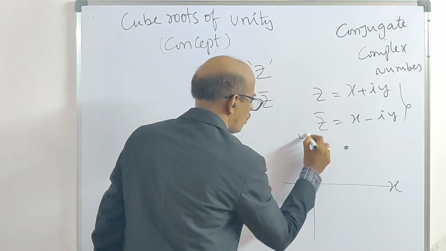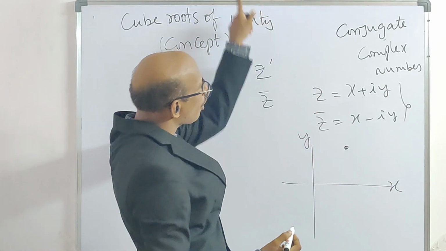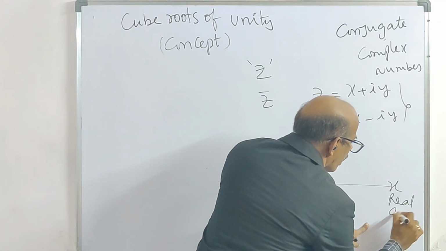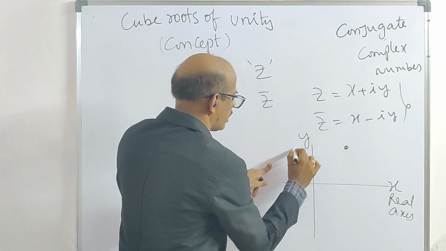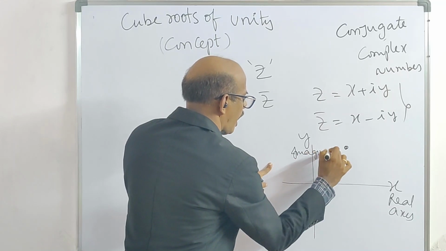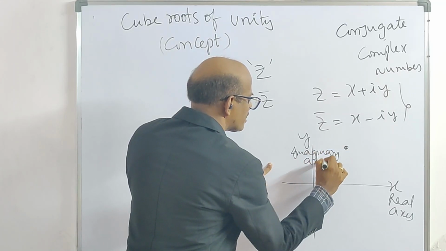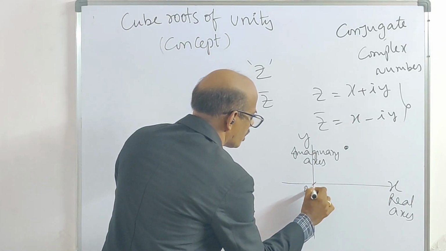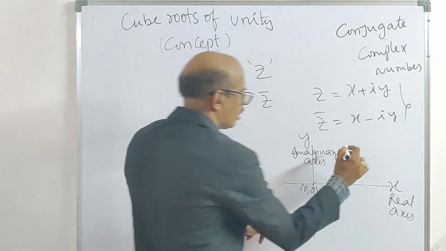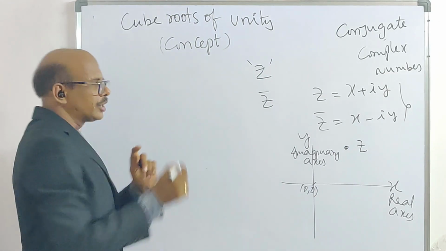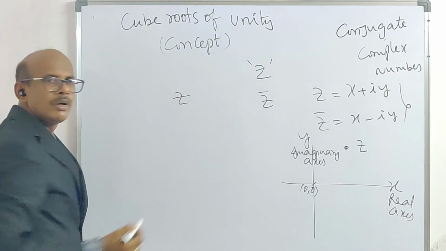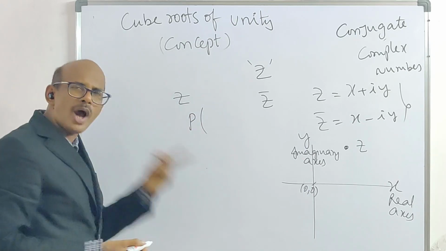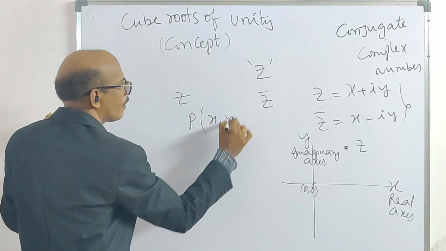Here x, y, but in our complex number system, the x-axis is called the real axis, concentrate. The y-axis is the imaginary axis, and this will be the origin, the reference point. Concentrate. Here z. Already I told you a complex number is represented as an ordered pair, means a point in the Argand plane.